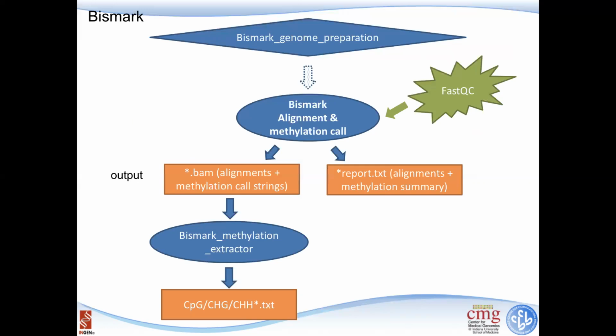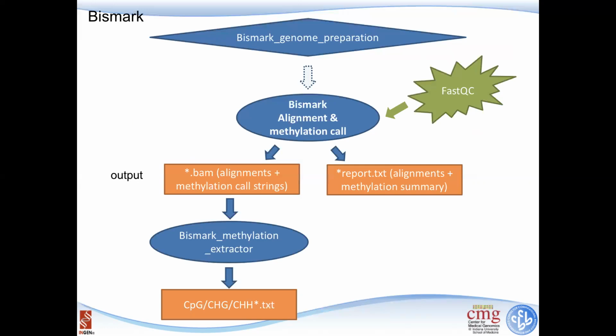Then we put those C information there to show you whether it is methylated or unmethylated, and whether it is a CHG methylated or a CpG or a CHH. You can read the manual to find all the information.